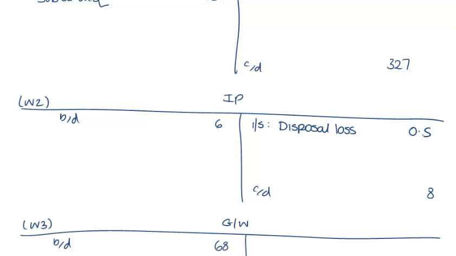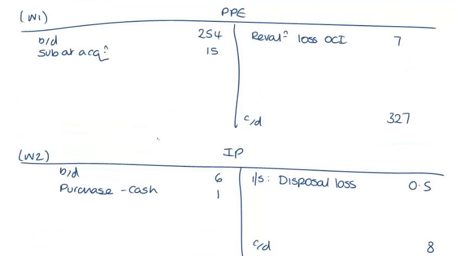We've replaced it with a new one which cost 1 million. So this is our purchase. That purchase is for cash, so therefore it goes into our cash flow statement.